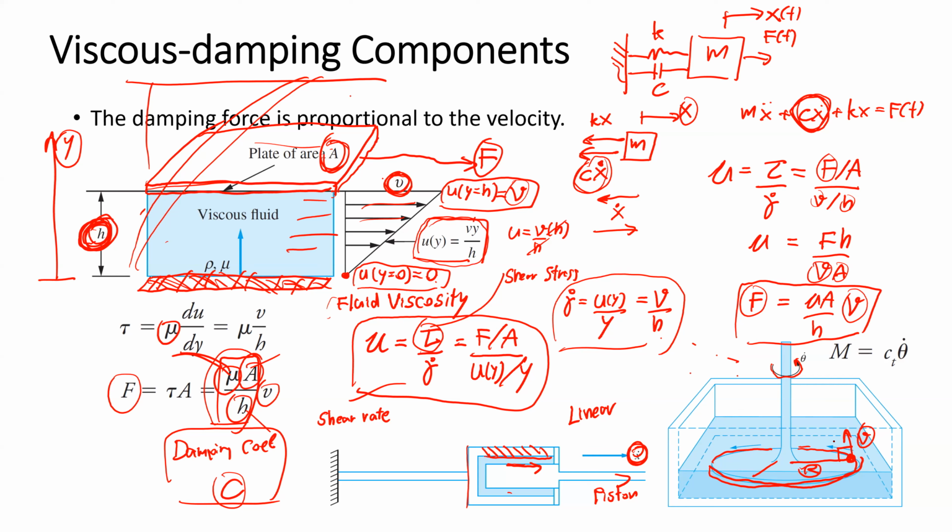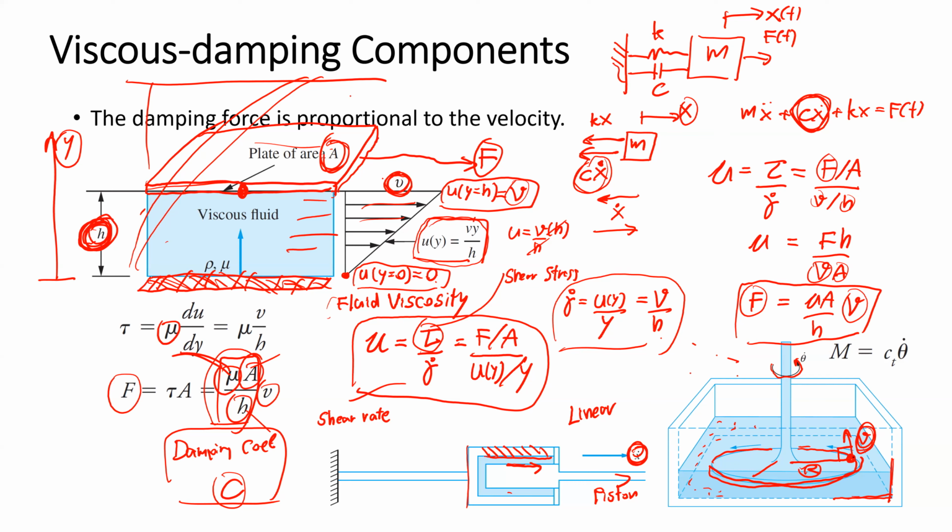And at the surface of the disc, the fluid needs to have the same speed as the disc, but in the other part, near the wall of the box, or in the other part of the fluid, it doesn't need to have the velocity.